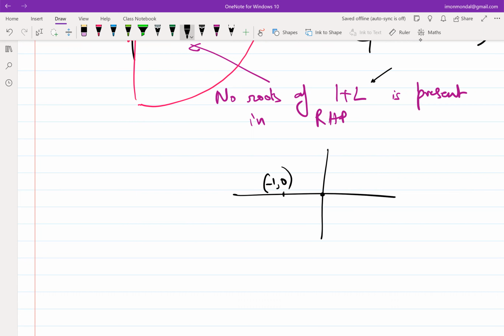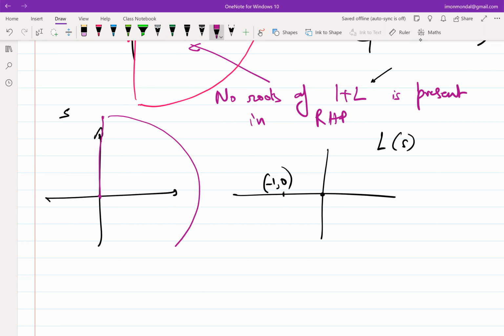So essentially what we are saying is this is the S plane, this is the L plane. I will start from the origin, go all the way to infinity, come back, go this way, and check whether there is any encirclement of the -1 point or not.